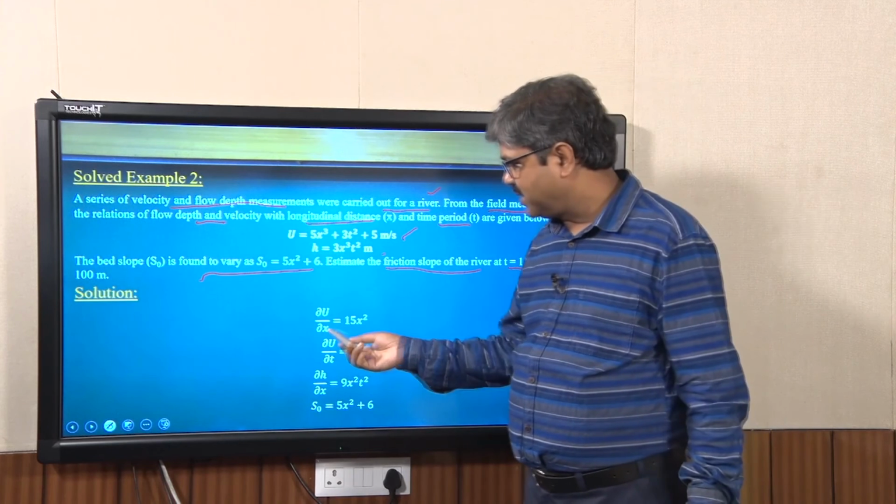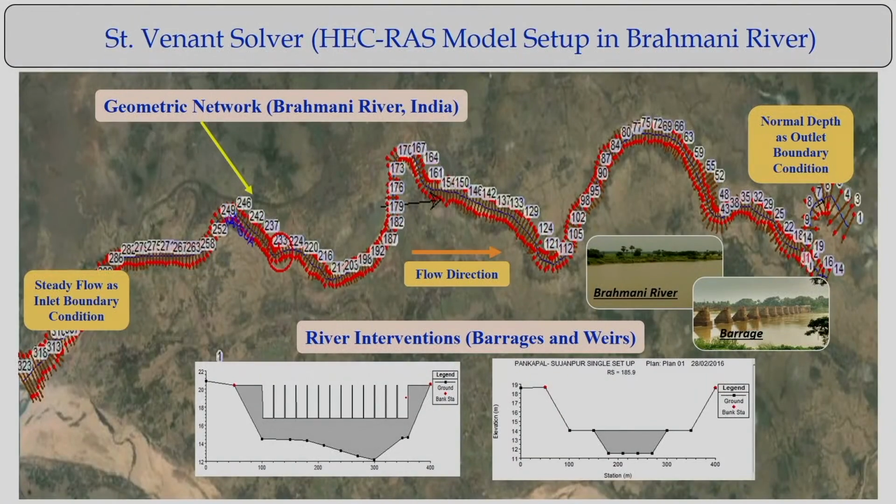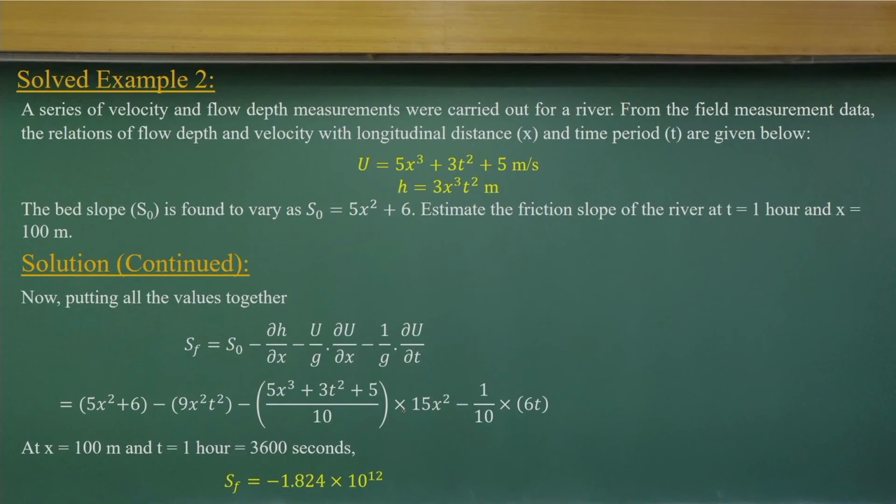We compute the partial derivative of u with respect to x, u with respect to t, h with respect to x. You know all these functions, substitute these values into the SF equations, and finally you substitute the time and you will get the SF value.